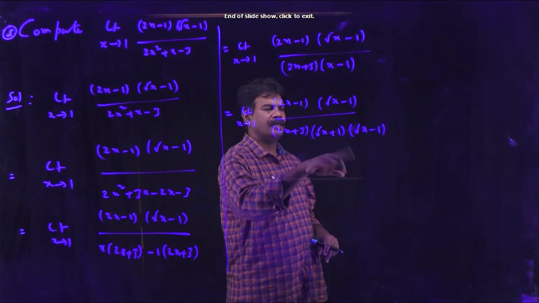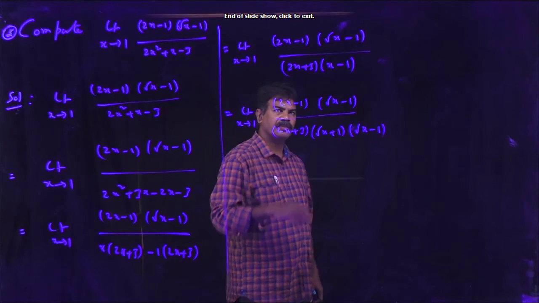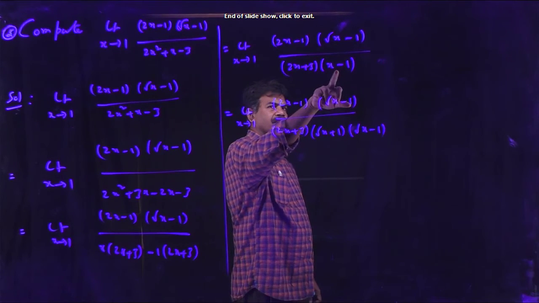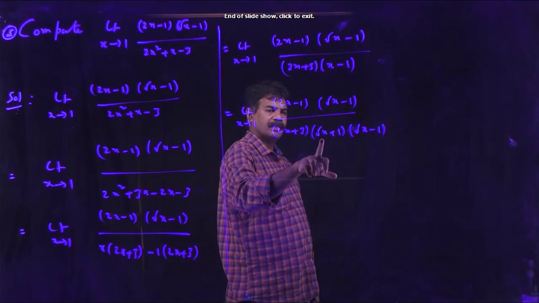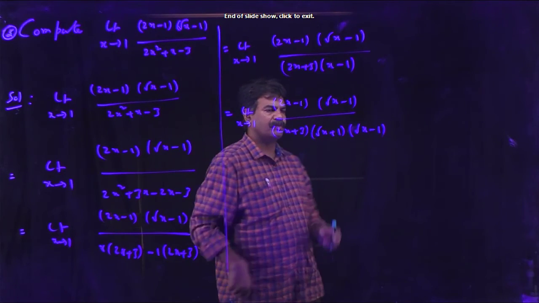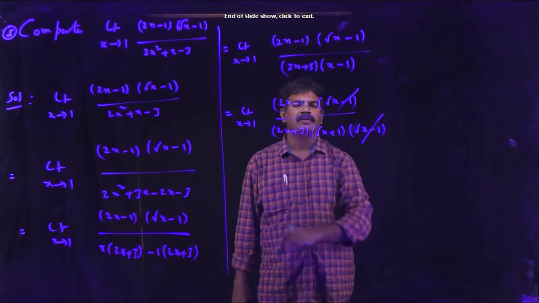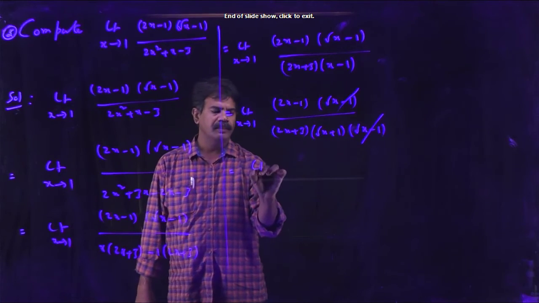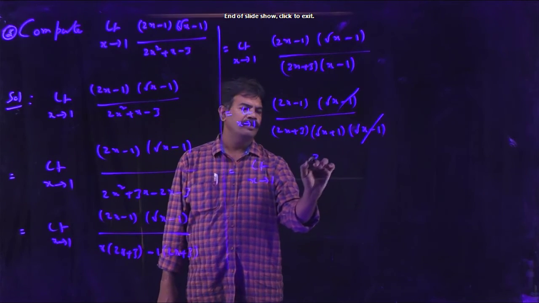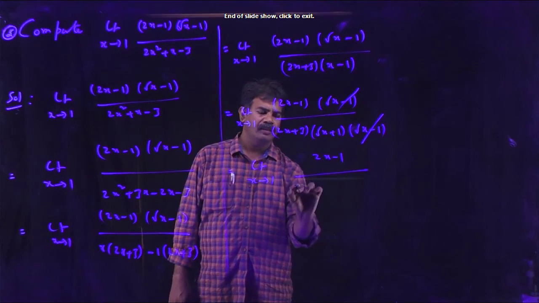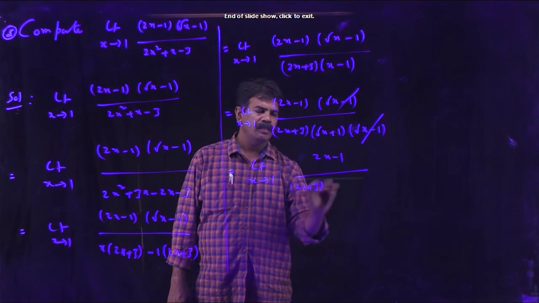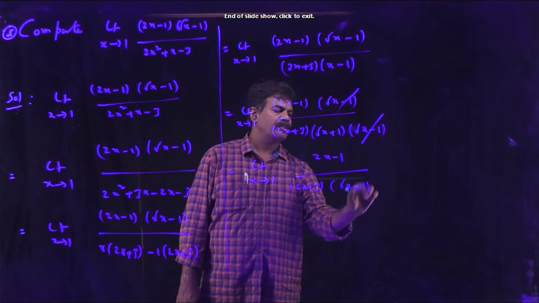That is a plus b into a minus b, a square minus b square, that is x minus 1. We can write the x minus 1 in terms of root x plus 1 into root x minus 1. Root x minus 1, root x minus 1 cancel. That is limit x tends to 1, 2x minus 1 by 2x plus 3 into root x plus 1.